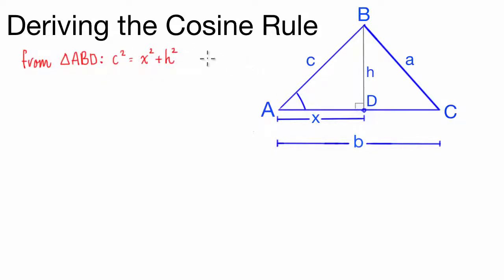Now what I want to do here is get this X squared term by itself, so we can just rearrange this, and we can say X squared is equal to C squared take H squared. So I've just moved the height across to the side and subtracted it.